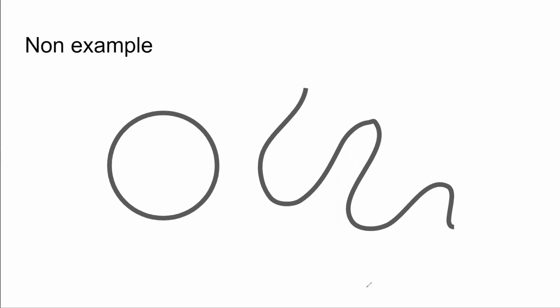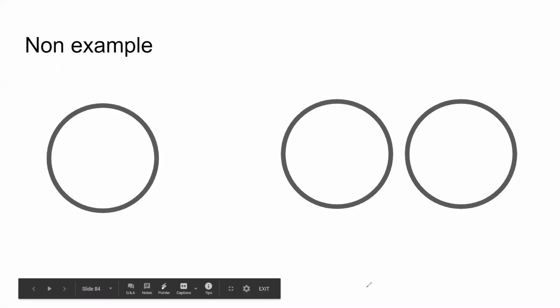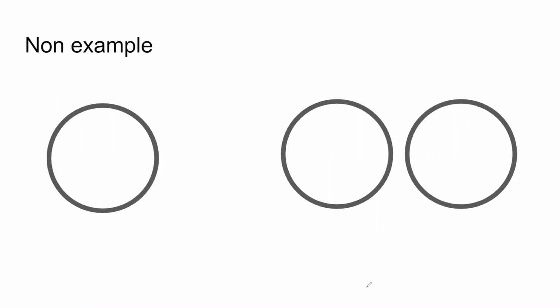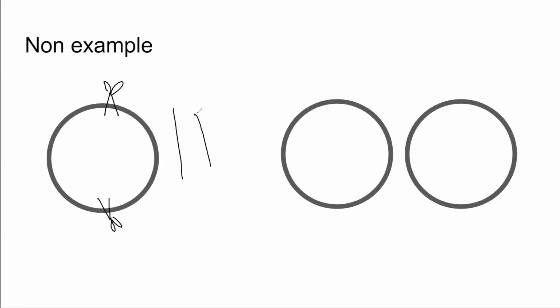Let's take a look at another example. A circle is not going to be homeomorphic to two circles. Why? Again, because in order to get from one to the other, you're going to have to make two cuts, and then you'll have two strips, and then you have to glue the strips together to get two circles. So this is another non-example.